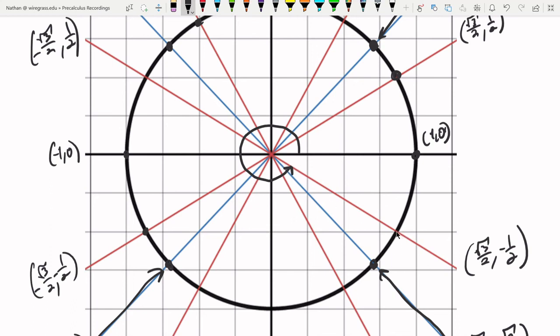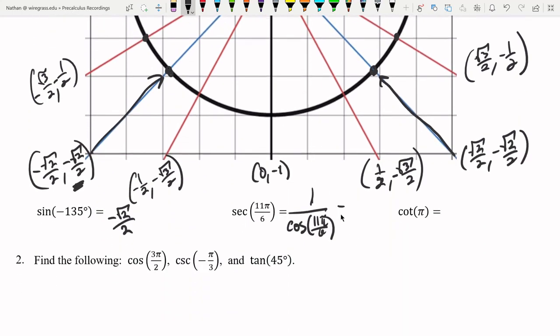The coordinate is going to be this coordinate here, and that's going to be cosine of this angle. That means cosine has to be the x coordinate, root 3 over 2. But of course, that's going to be 2 over root 3, which gives you 2 root 3 over 3 when you rationalize it.